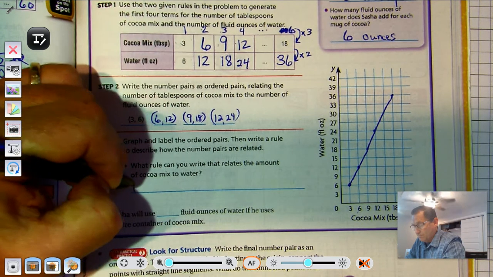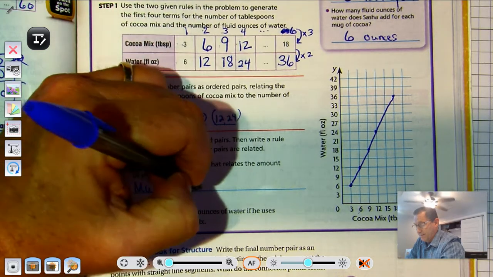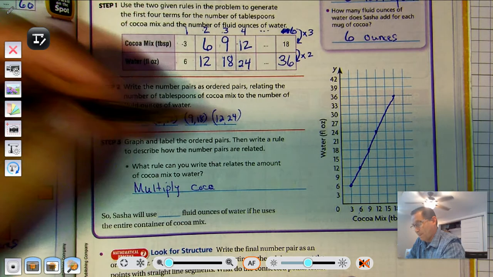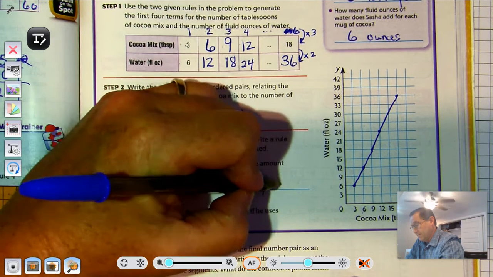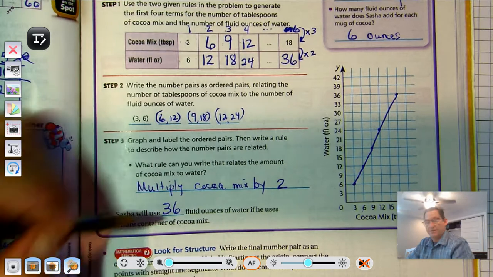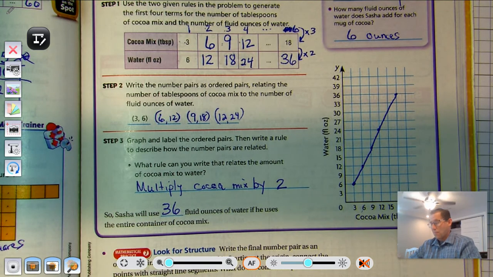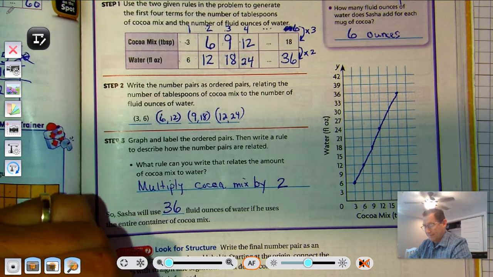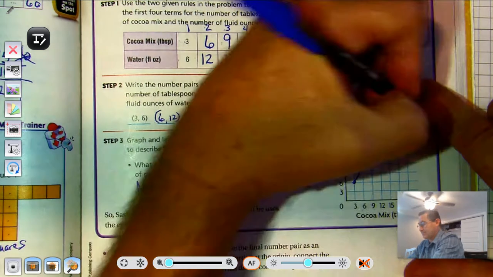So multiply cocoa mix by 2. So they're going to use 36 fluid ounces of water if he uses the entire package. Now, write the final number pair as an ordered pair. Well, that was 18 and 36. We already graphed it.